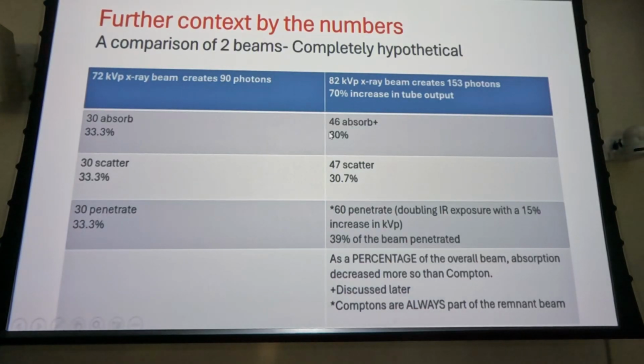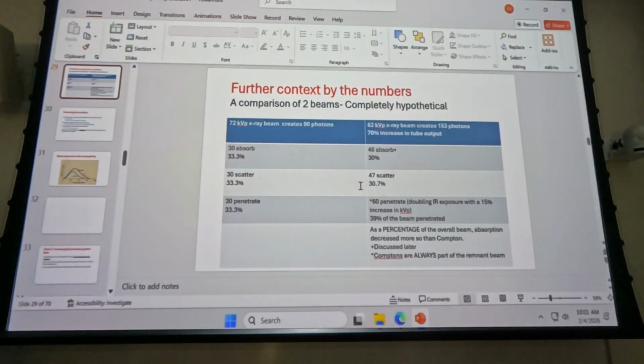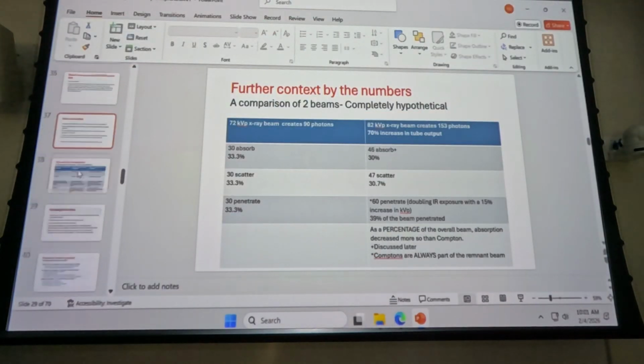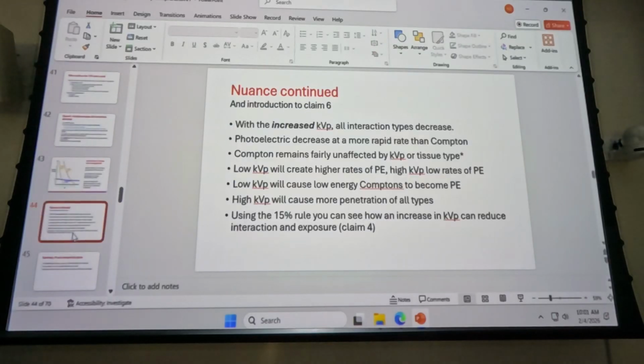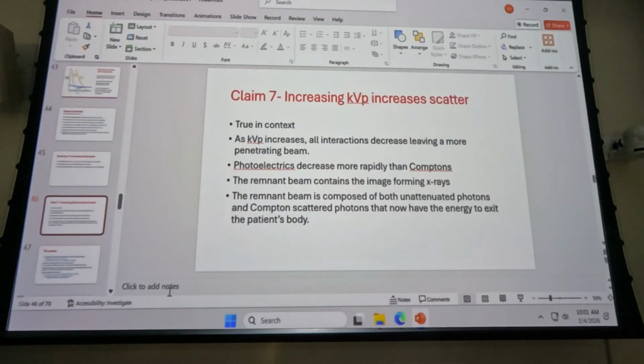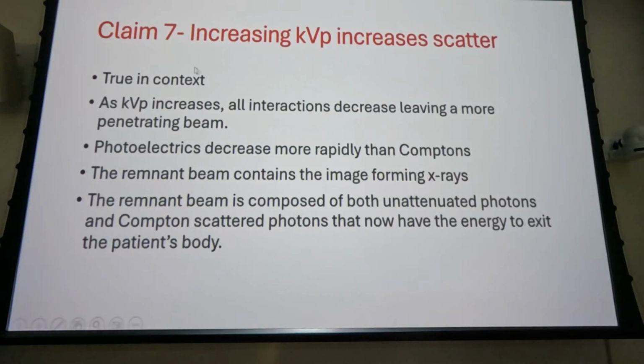So these numbers over here, the difference between these two is low, but they do change a little bit. And we just talked about that. Increase in kVp, does it increase scatter? Well, that's true in context. PE ratio, just overall numbers.